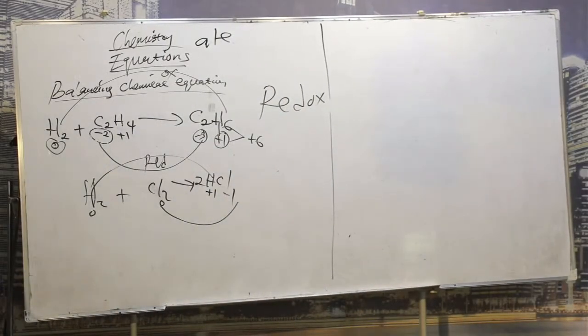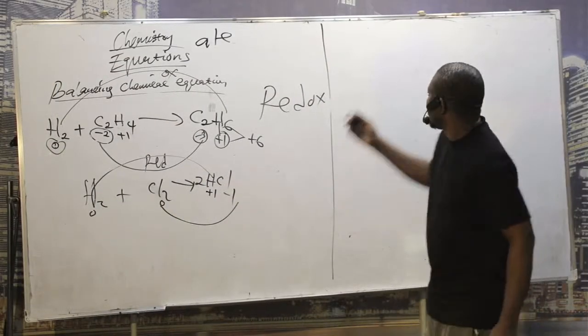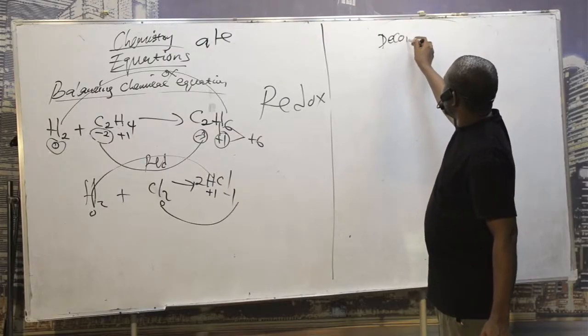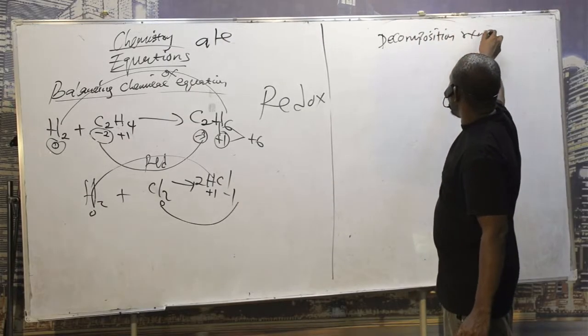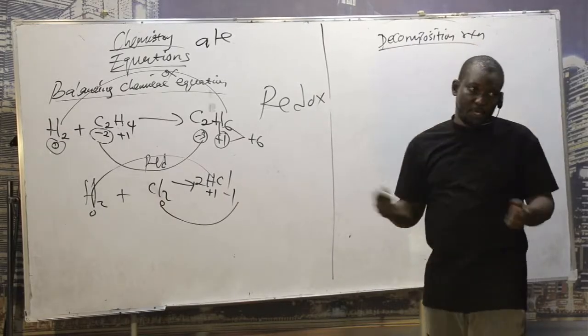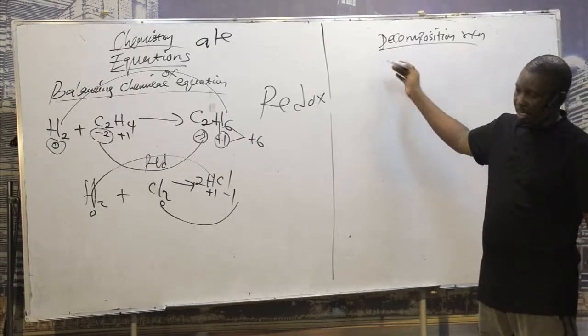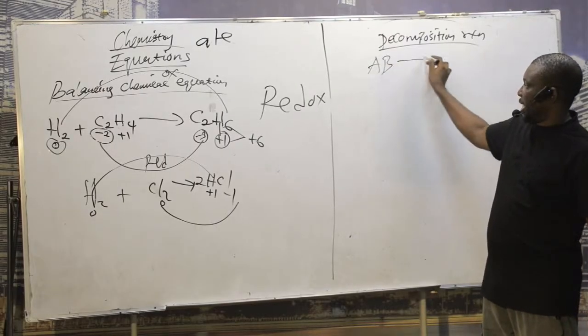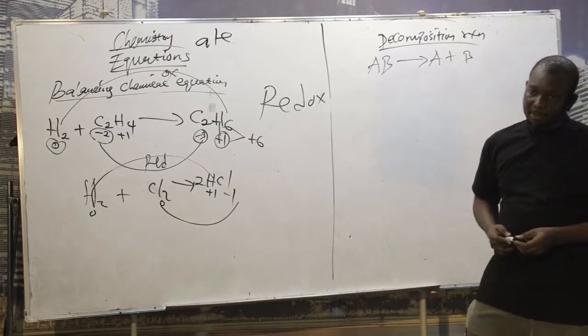All right, let's go to that kind of reaction. What is this? Decomposition reaction. It is the opposite of the one we just finished. That one says A plus B, but this one says AB gives A plus B, plus C sometimes, depending.